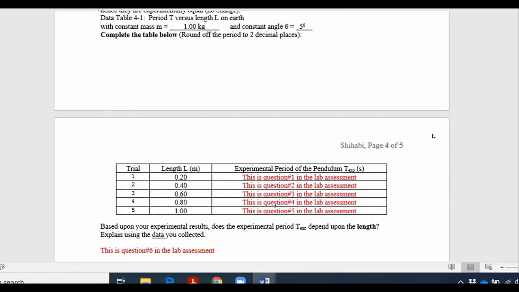If there is no change in the period, then you can tell that the length is not impacting the period, meaning the period is independent of the length. And now, important point, guys, when we talk about change, we are talking about something more than 0.05 seconds, because there is always human error within 0.05 seconds. So, for example, if you got 1.05, then on the next one you got 1.09, they have 0.04 seconds difference between them.